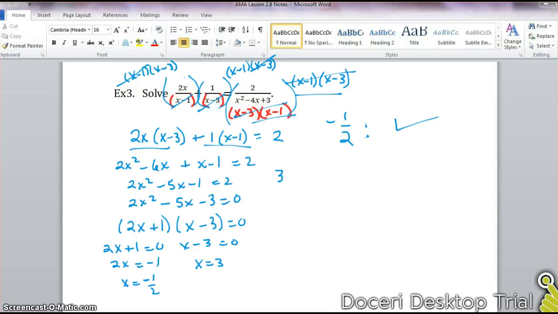So for 3, I'm going to put 3 in for x in the original equation. That's 2 times 3.